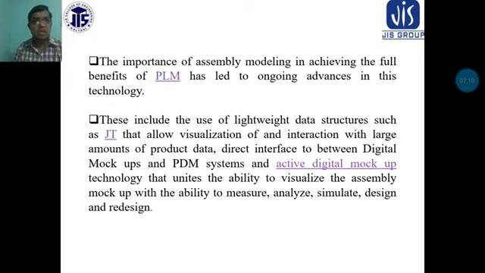The importance of assembly modeling in achieving the full benefits of PLM, that means product life cycle management, has led to ongoing advances in this technology.